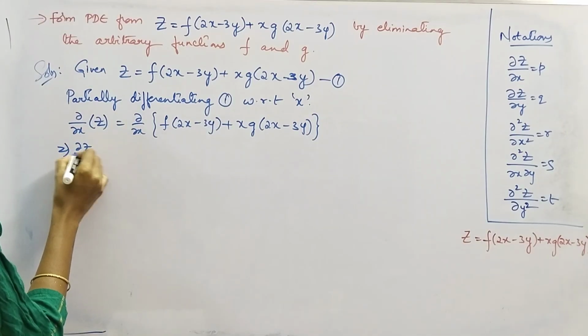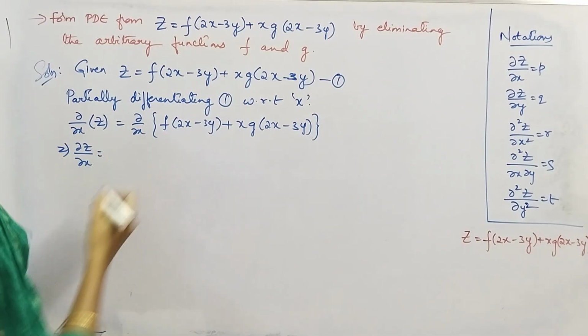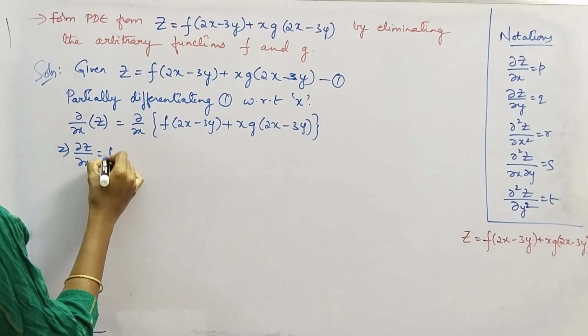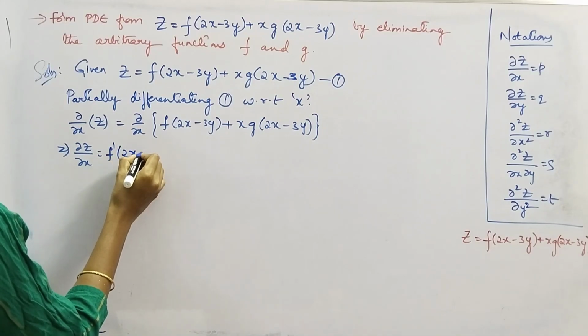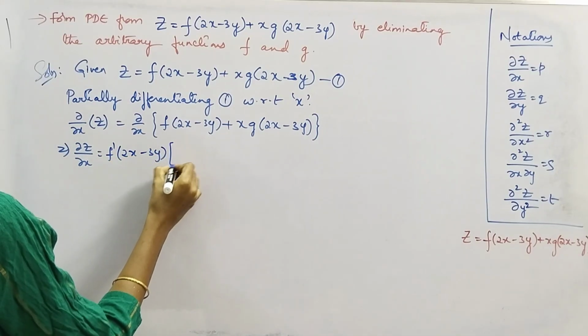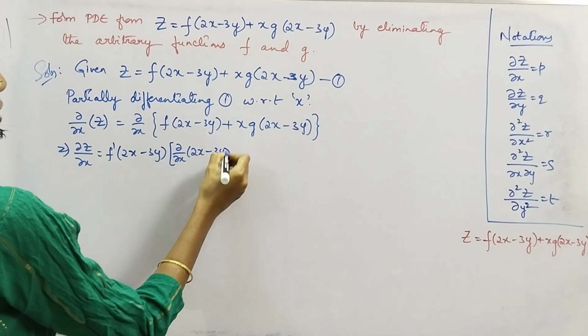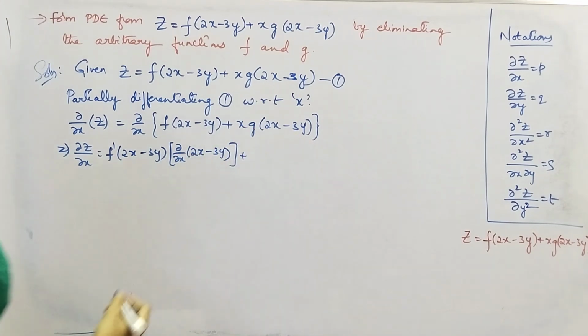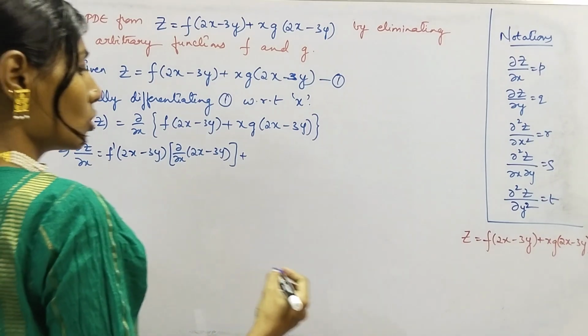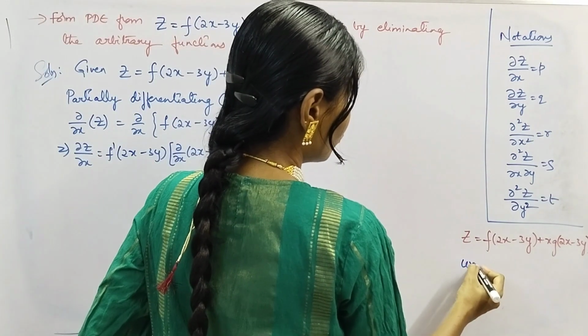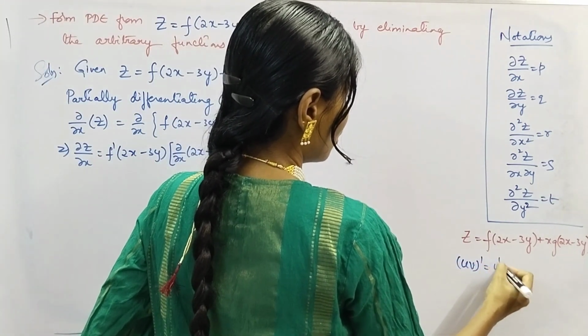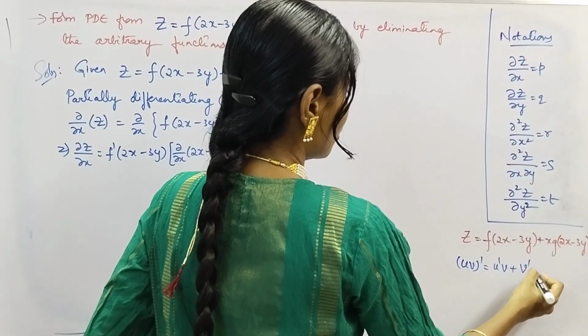This gives us dou z by dou x equal to partial derivative of f of 2x minus 3y, which is f dash of 2x minus 3y into inner derivative dou by dou x of 2x minus 3y, plus partial derivative of x into g. So here we are going to apply the uv whole prime formula, that is u dash v plus v dash u.